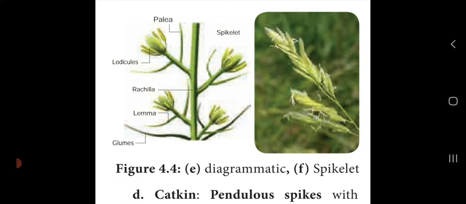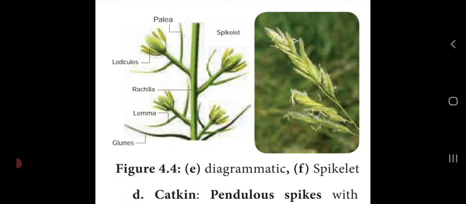At the base of the inflorescence, there is a pair of bracts known as, what is that? Glume. See that small green hair-like outgrowth present at the base of the central axis as well as the branches, known as glumes.